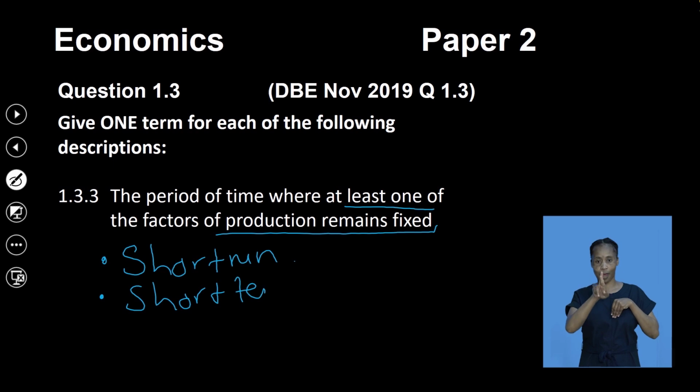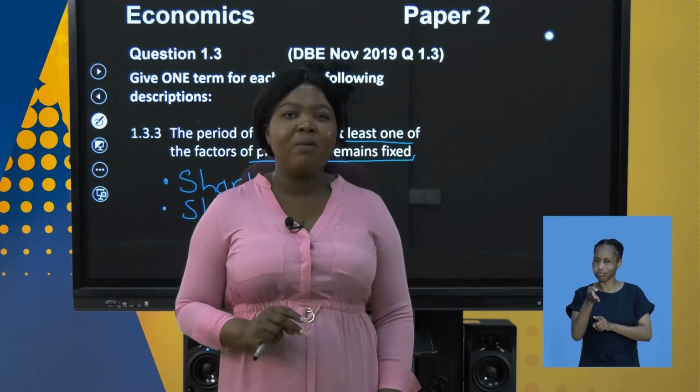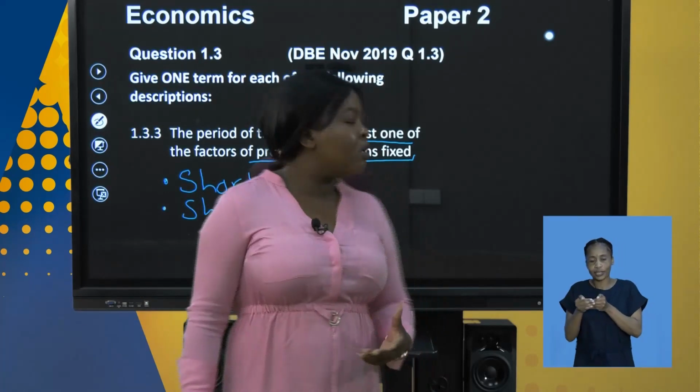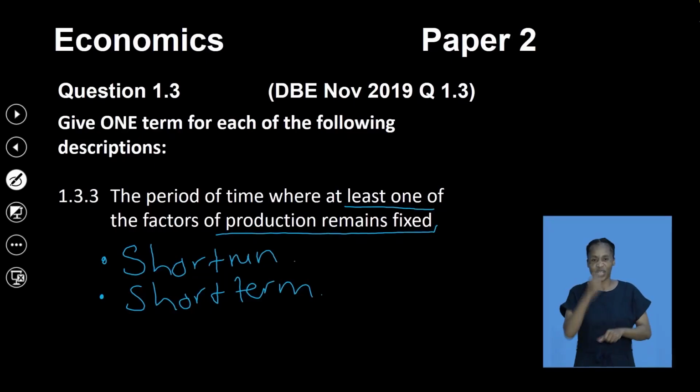This is typically a very hot question, one of the questions that they play around with in the exam. Either you are asked about the long run or you are asked about the short run. So I need you boys and girls to be very comfortable with your definition of the short run and of the long run.